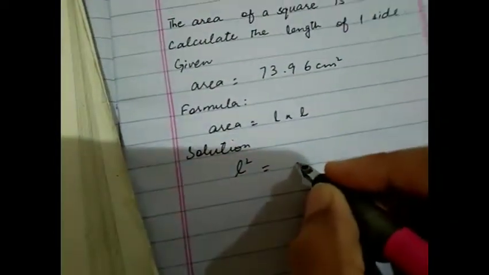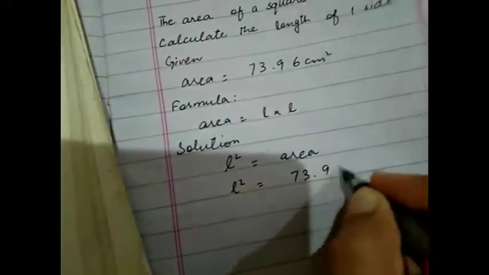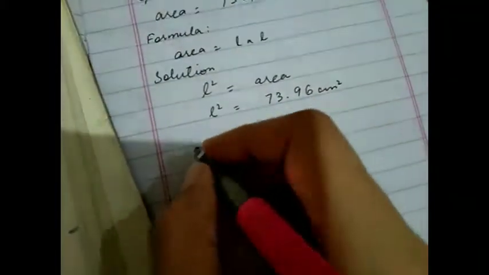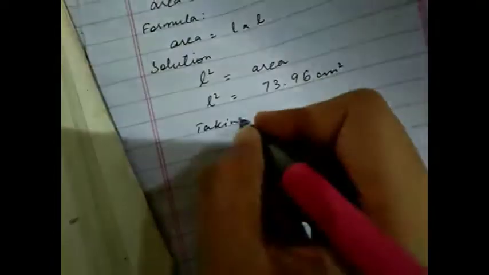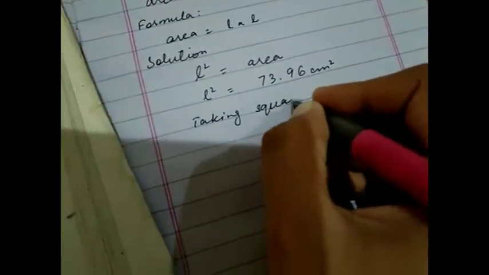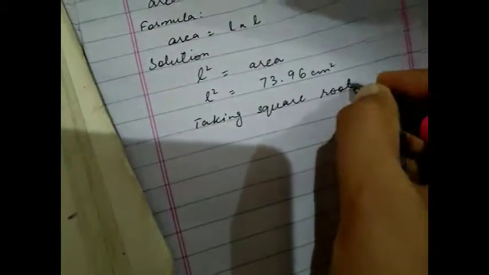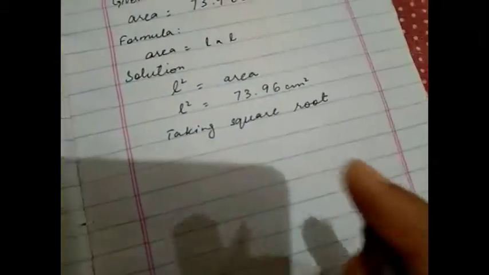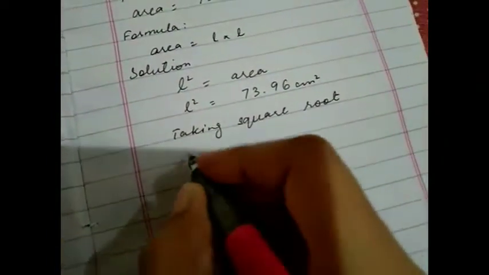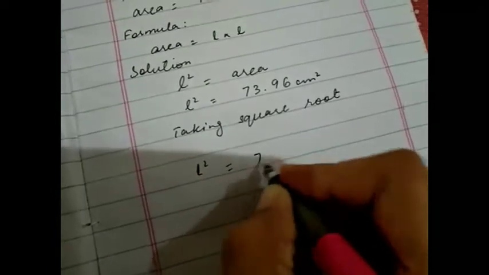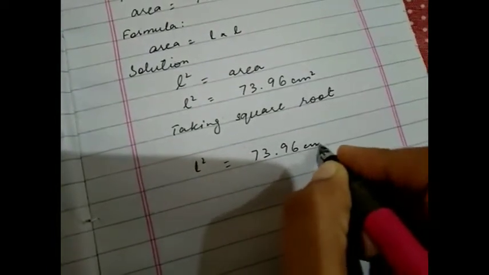So L square is equal to area, or L square is equal to 73.96 centimeter square. To find the length, I will take the square root. Taking square root, L square and 73.96 centimeter square.